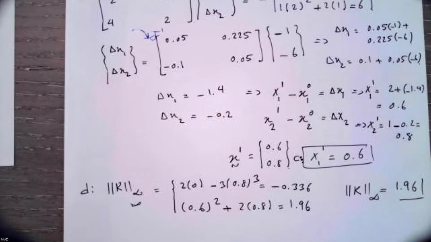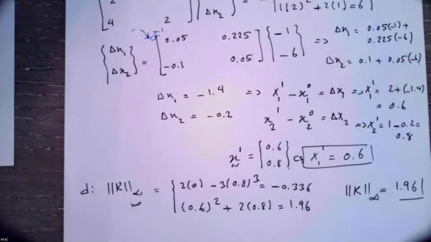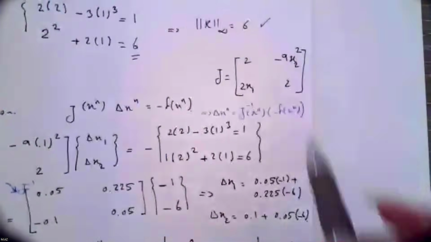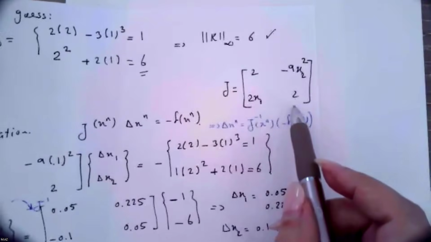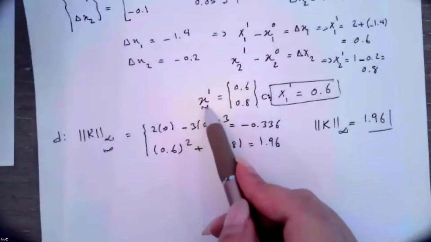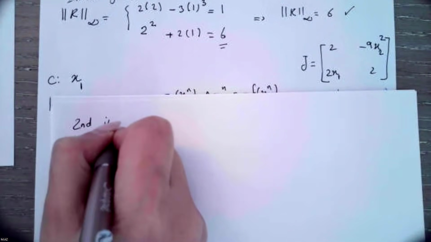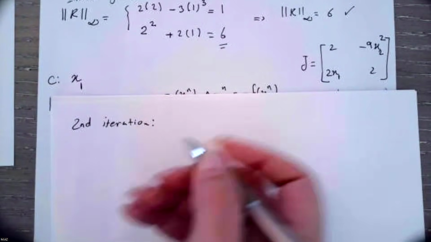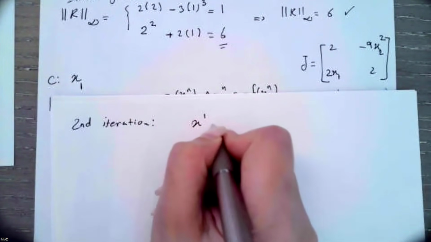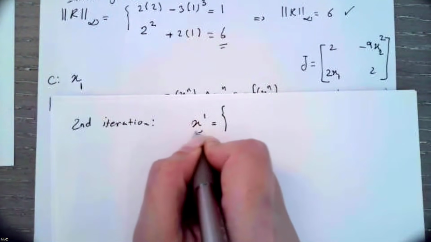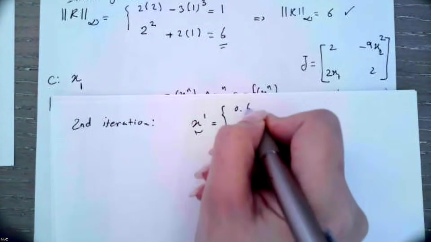For finding the value of x sub 2 for the second iteration, the first step, we have to update the Jacobian matrix based on the vector of x for the first iteration.